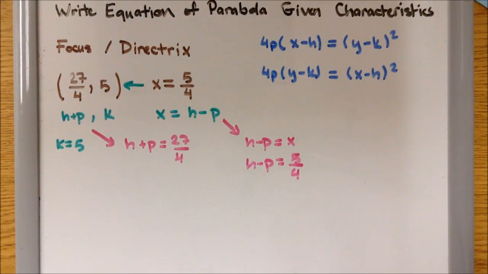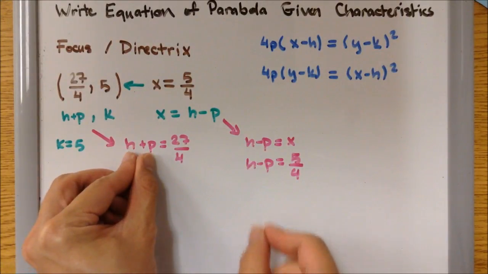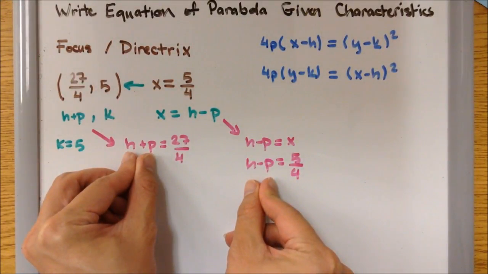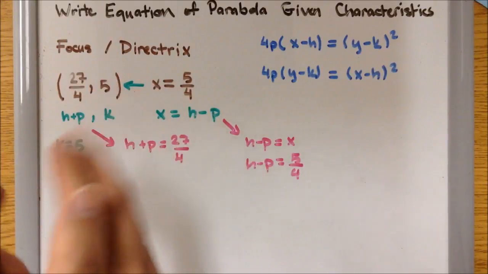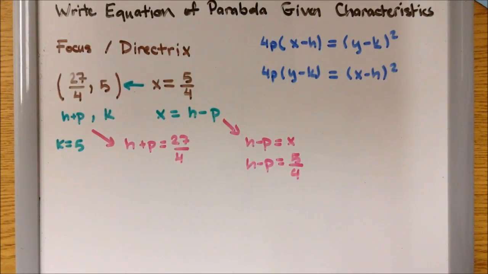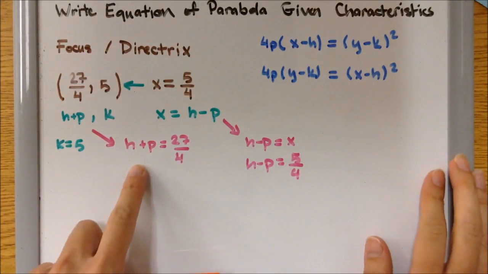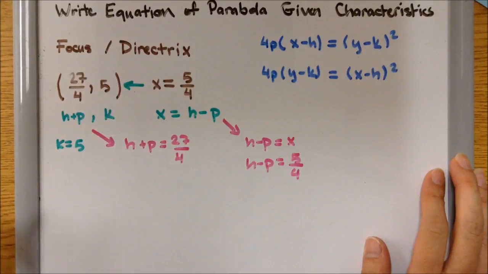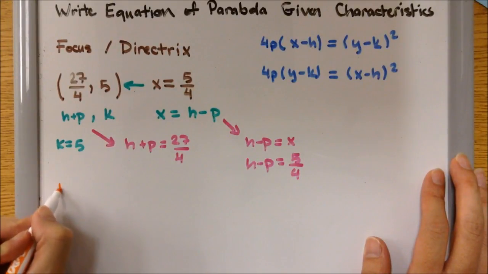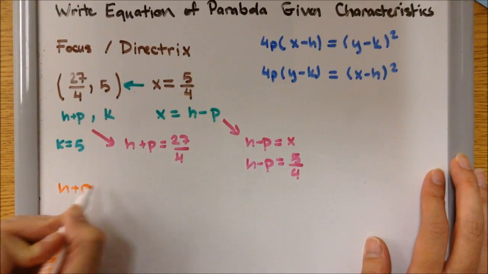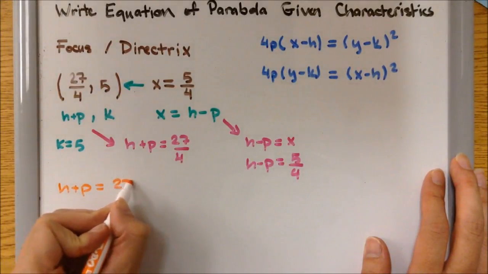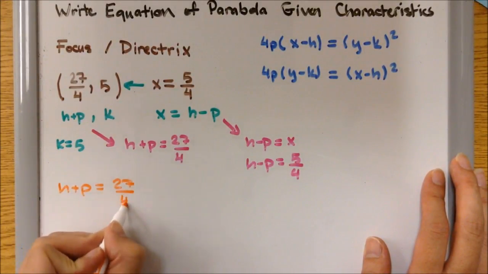Once I get to that, notice how I have h plus p and h minus p on the left side. So what I'm going to do is line them up and make a system of equations. It doesn't matter which one I put first, but I could put h plus p equal to 27/4.